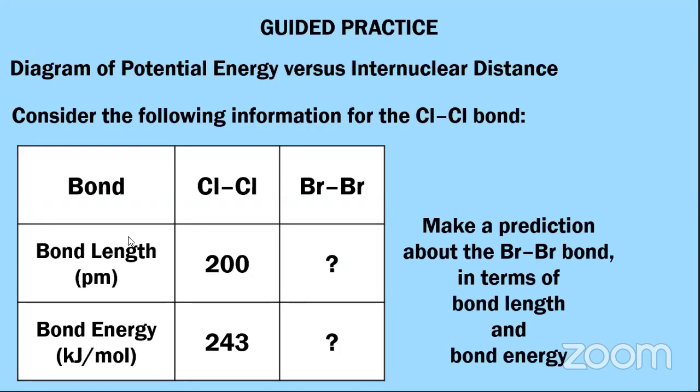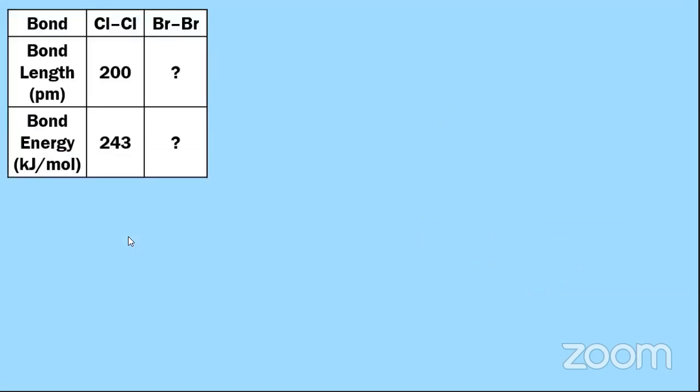Now, take a moment to make a prediction about the bromine-bromine bond in terms of bond length and bond energy. So in other words, based on your knowledge of periodic trends, do you think that the bromine-bromine bond would be longer or shorter than 200 picometers? And would the energy required to break the bond be higher or lower than 243 kilojoules per mole?